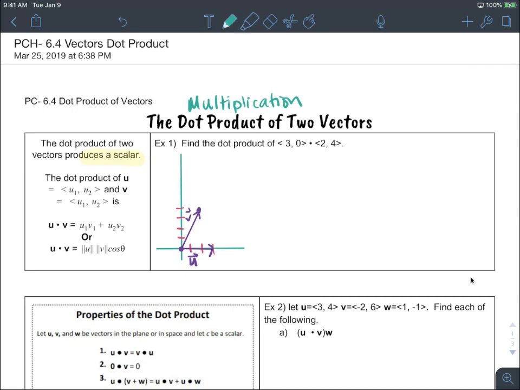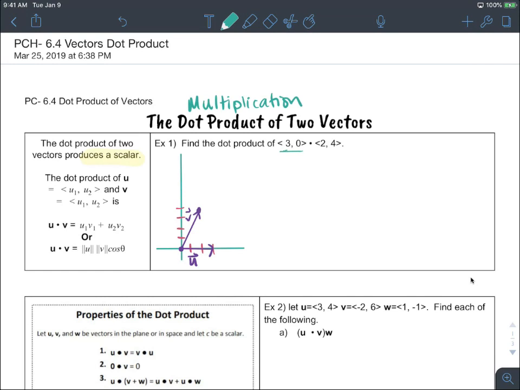Okay, so I think about the dot product as being like added energy. If I look at my vector u here, which is 3 comma 0, and my vector v is 2 comma 4, I can see that vector u is going right across the x-axis, so horizontally, by 3 units, or 3 energy units.